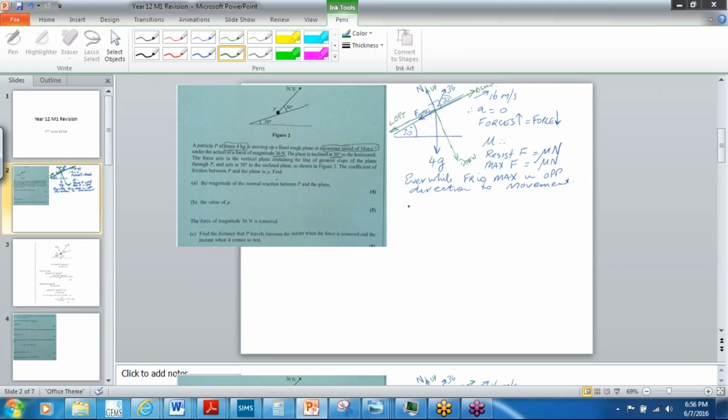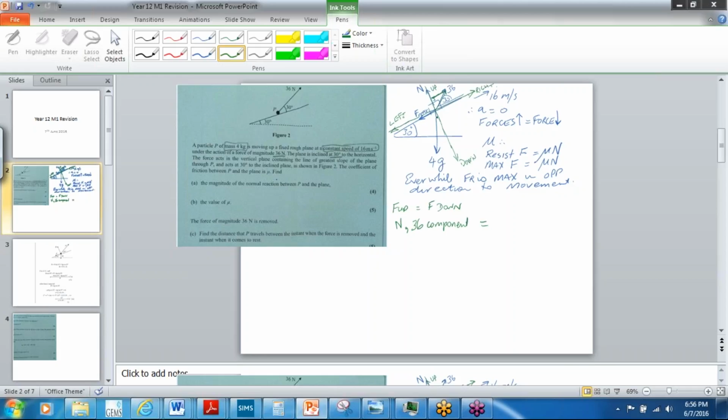All right, let's have a look at these two forces. Let's get the forces up equal the forces down. Now what are the forces acting up? Now we've got N. N is acting up, and there's another force, 36 newtons. There is a component, the up component of that force. So we've got the 36 Newton component that's acting up.